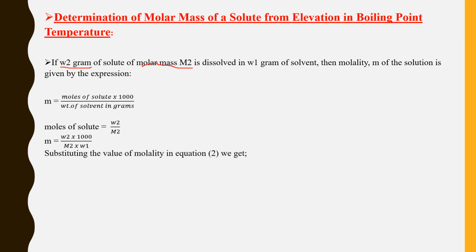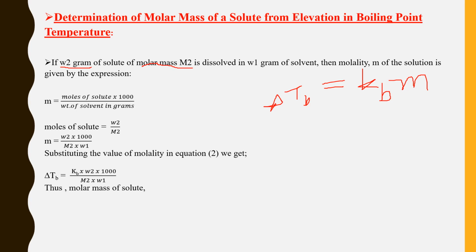On substituting the value of molality in equation 2, delta Tb will be equal to Kb into molality. So on putting the value of molality, we get delta Tb equal to Kb into W2 into 1000 divided by M2 into W1.